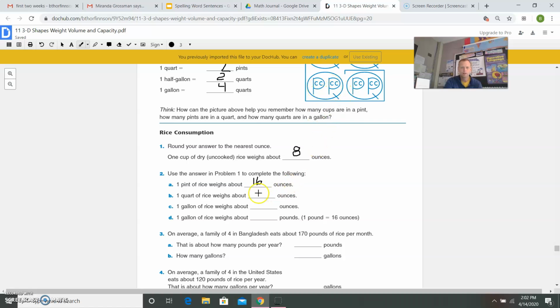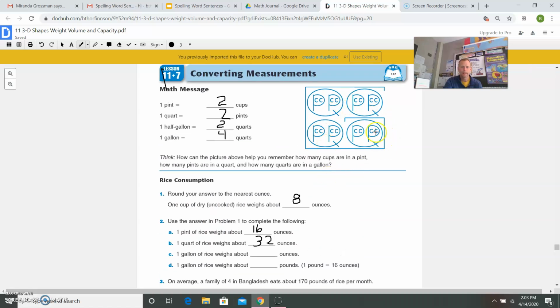Okay, and then if we said, okay, well, 1 quart, how many cups are in a quart? 4 of them. Okay, so 4 times 8 is 32 ounces. Okay, and 1 gallon, 1 full gallon. Okay, so you'd have to take your 16 cups, so 16 cups in a gallon, times 8. Okay, and you get 128 ounces.